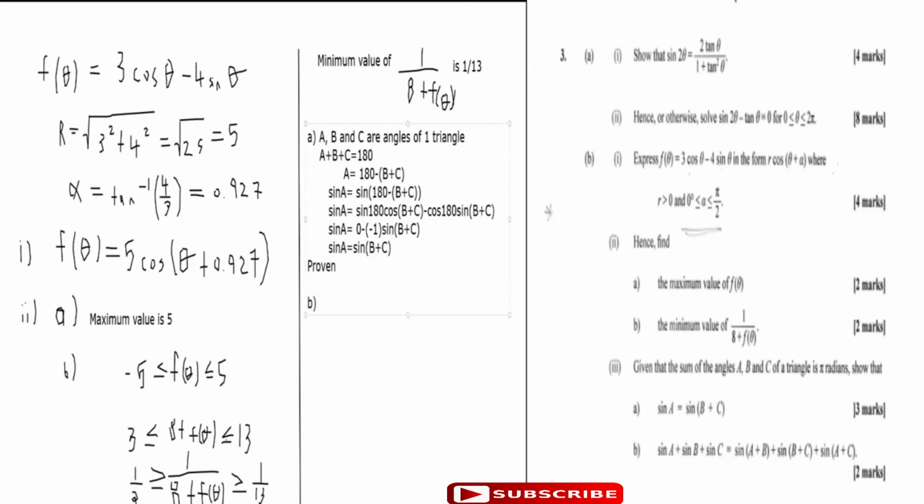Now let's look at the next part. It says, show that sine A plus sine B plus sine C is equal to that thing there.